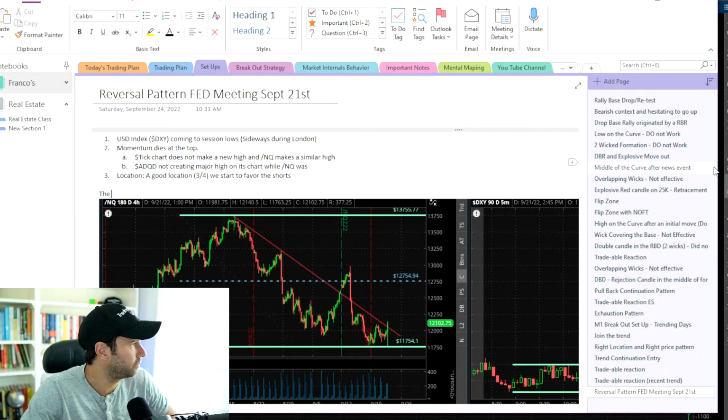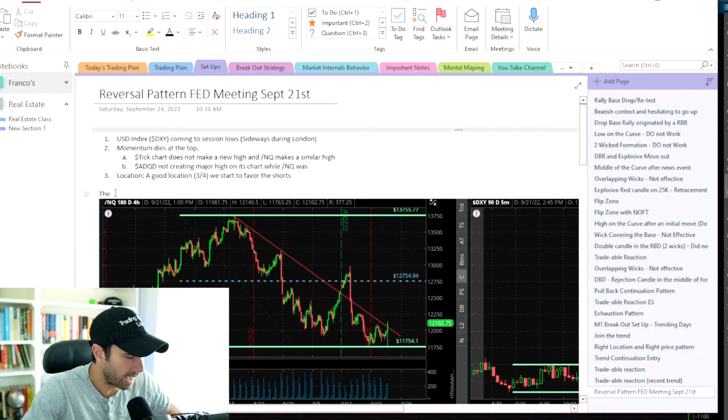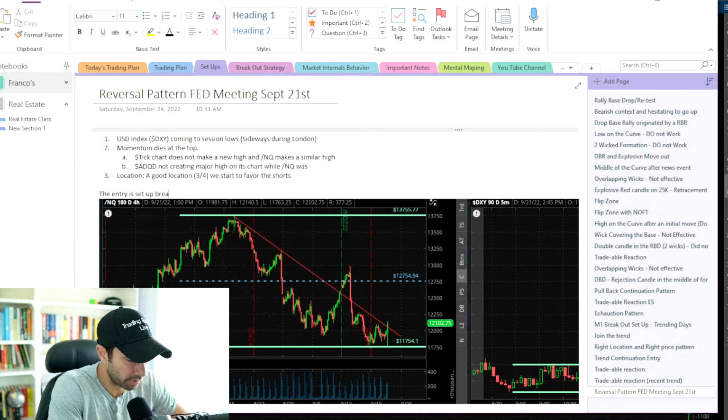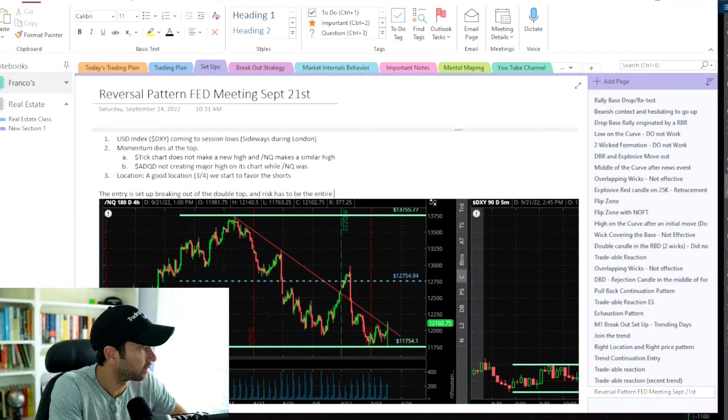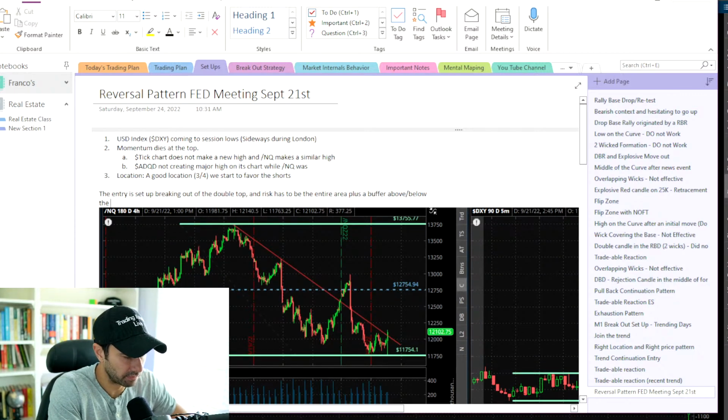But before I go on, I just want to put here: the entry is set up breaking out of the double top, and risk has to be the entire area plus a buffer above or below the pivot.